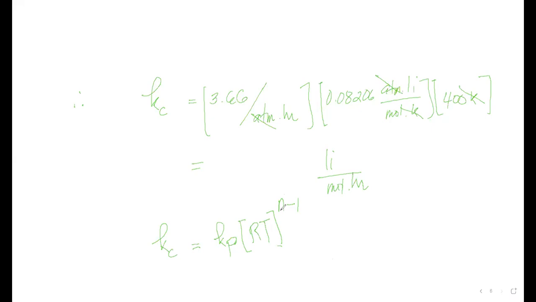What's the order of the reaction? 2, right? Yes, subtract 1, meaning it's 1. That's the one that we did here. So if the order of the reaction is 3, this would be 3 minus 1, so the product of RT should be squared. Okay? You get it? Yes, Miss.